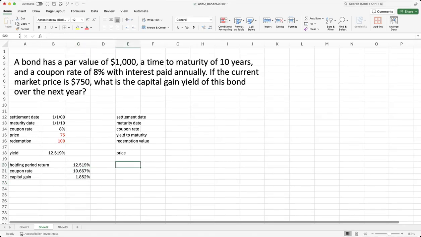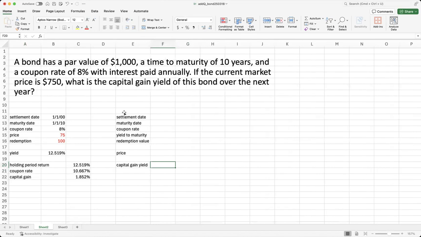Another way to calculate the capital gain yield simply equals the future price minus the current price, divided by the current price. The current price is 750 here, so what's going to be the price in 1 year's time?